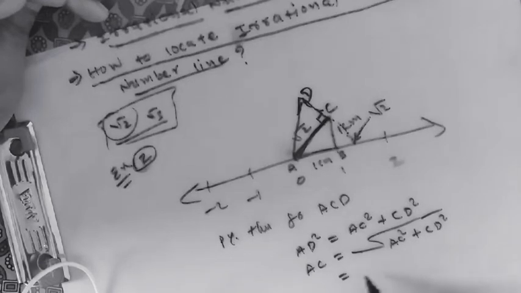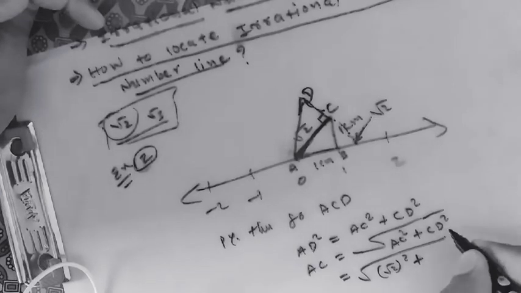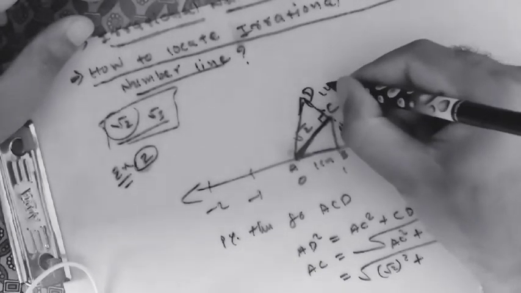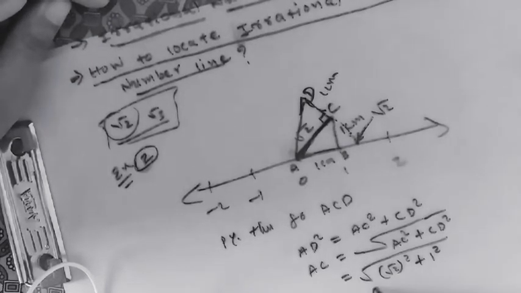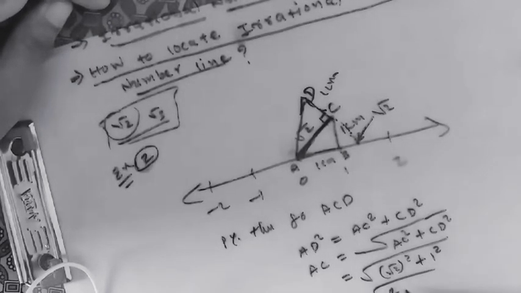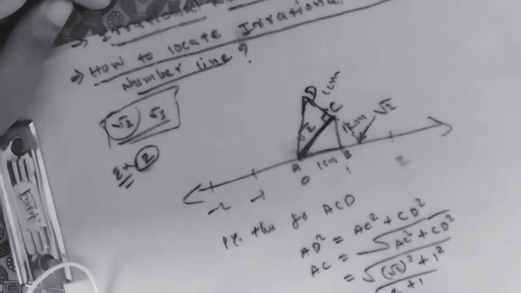So we have AC is equal to root 2, and CD is equal to 1 centimeter. So root 2 square is 2 and 1 square is 1, so 2 plus 1, it is under root 3. So we get AD is equal to under root 3.